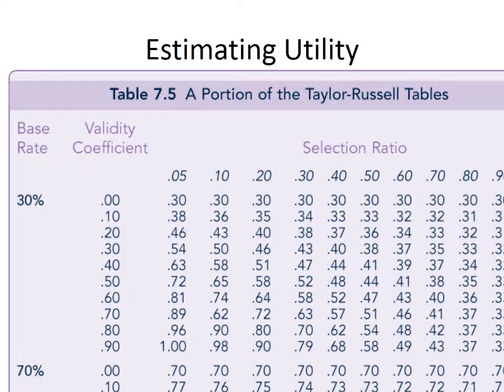Now, let's look at that selection ratio, though, at 0.05. So now if we have 100 people applying, we get to choose the top 5. So again, base rate of 30%. The company has been bringing in people with a 5% selection ratio using whatever method it has, and it's been finding a base rate success of 30% of successful employees. Now, as we increase that validity coefficient, let's take a look at 0.50.